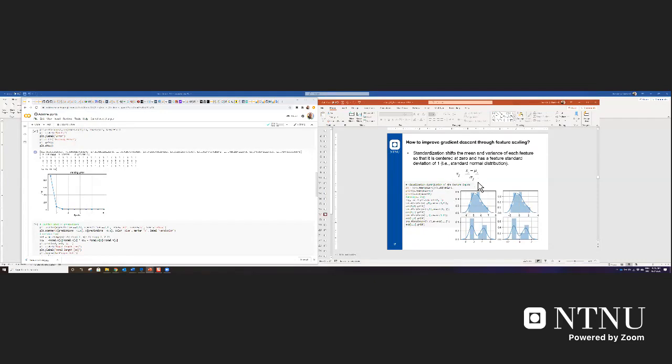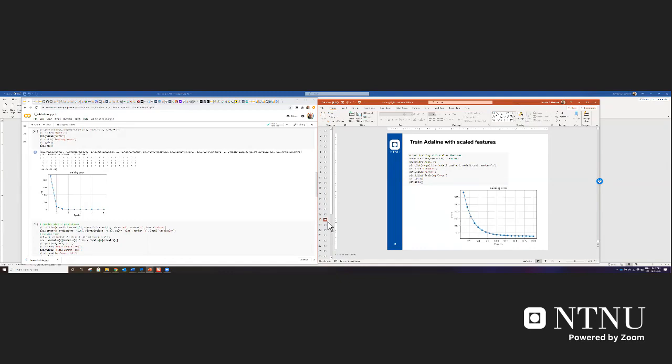It will have a mean of 0 and a standard deviation of 1, which will improve the performance of the gradient descent. When we train it using scaled features, we will get such kind of performance.